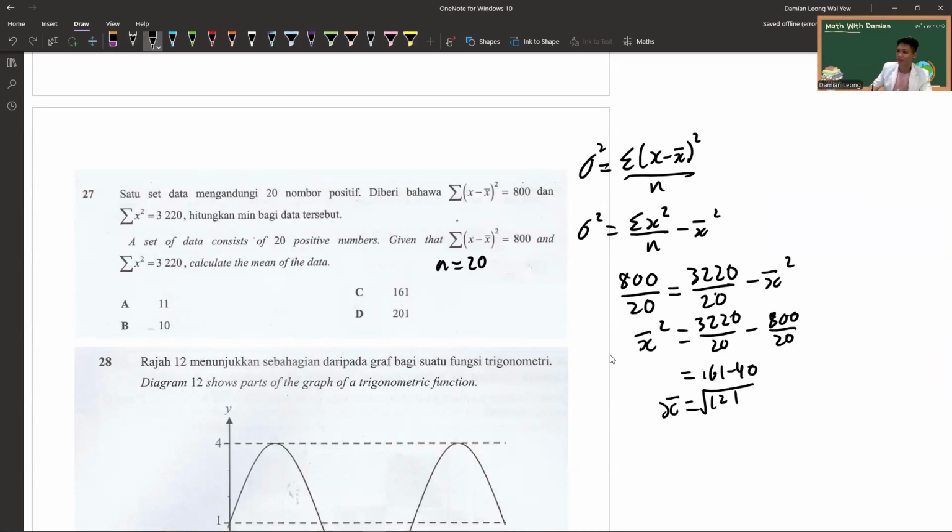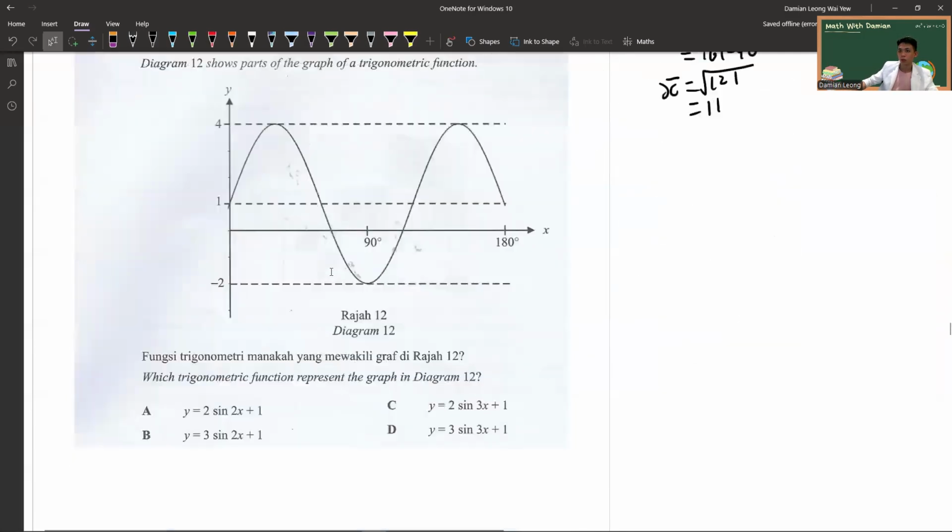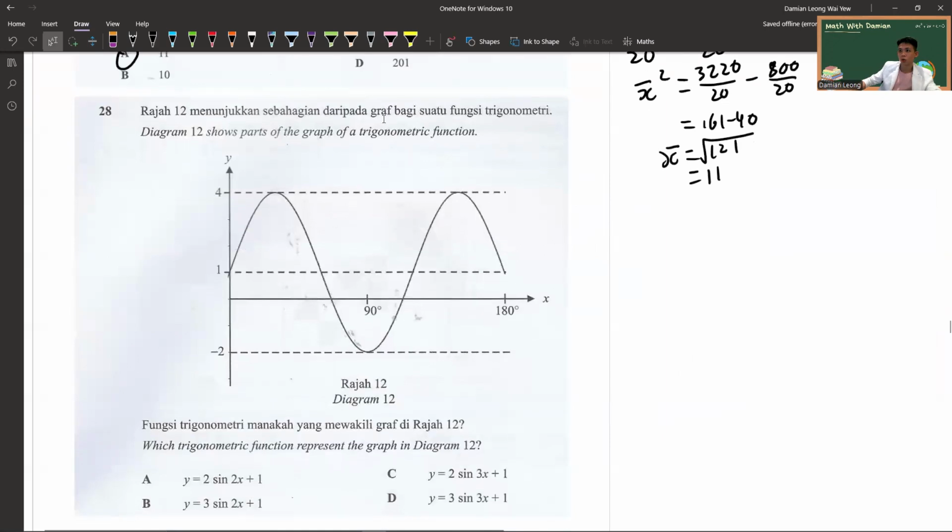How did I get 41? Which is 11, basically. So mean is 11. Yeah. Right. Then we can look at question 28.